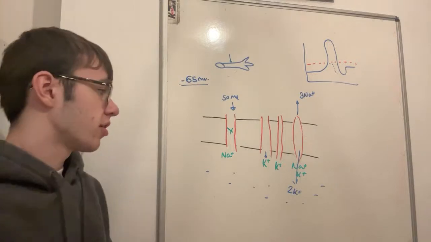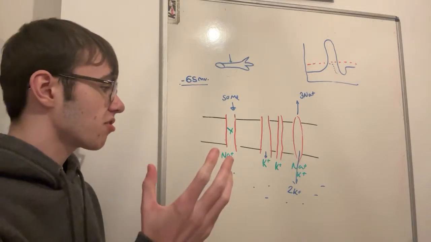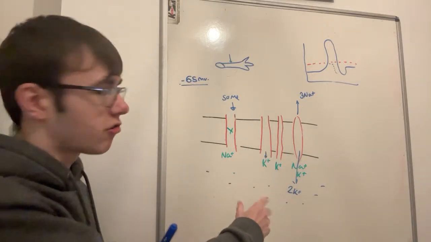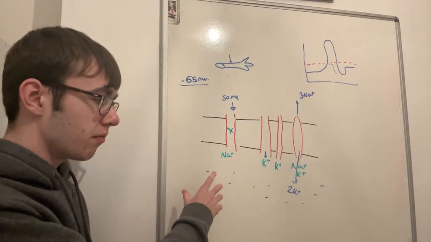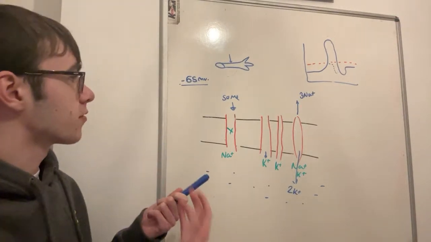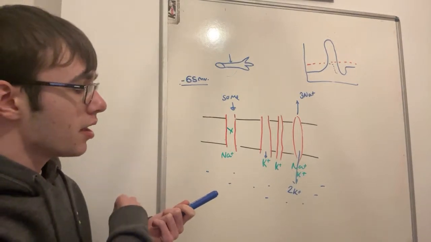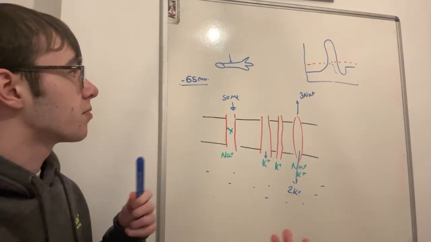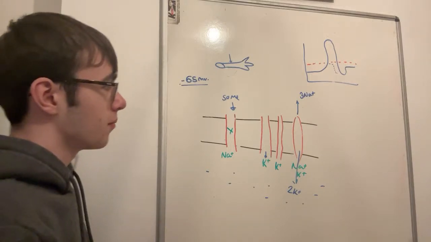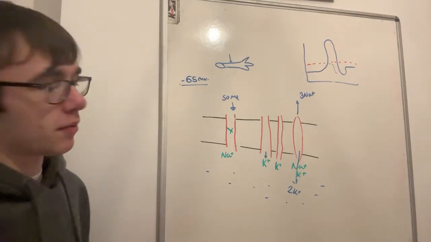Some sodium ion channels are going to open, which will obviously increase the charge here. If the stimulus is great enough, it is going to go above the threshold necessary to trigger the full action potential. I think it's the all or nothing principle.